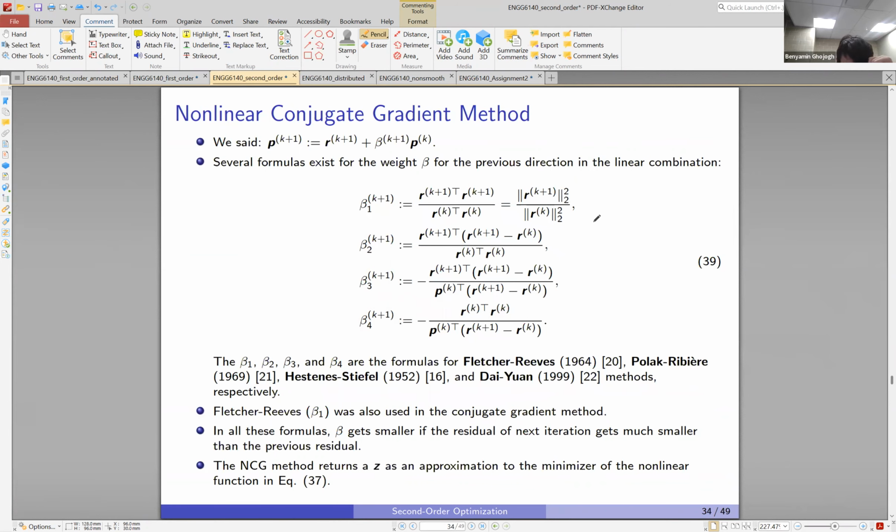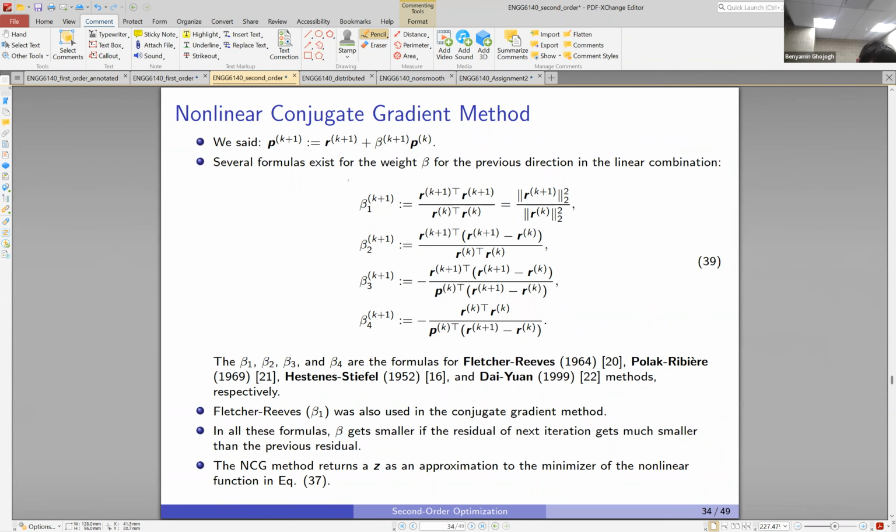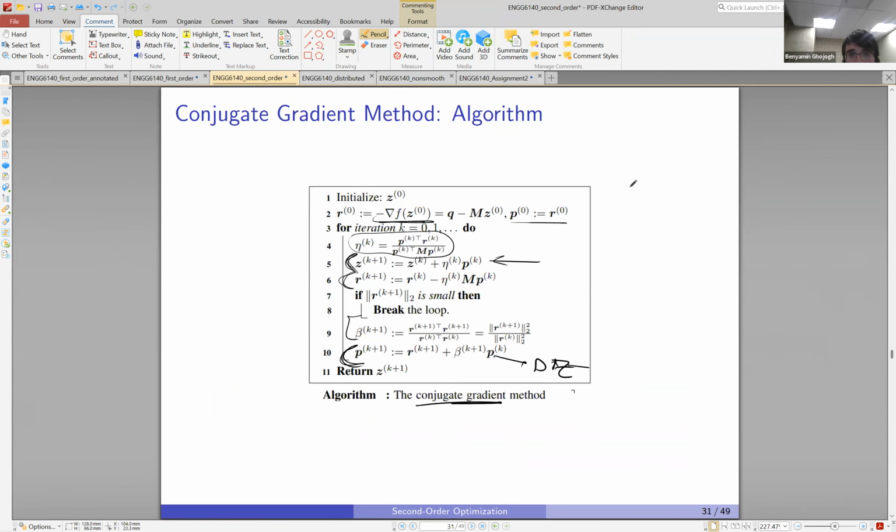But it's finding beta in other ways. We have several algorithms for finding beta. One of them is this, r_{k+1} transpose r_{k+1} over r_k transpose r_k, so we can write it in this way too. We saw it for the linear conjugate gradient method, so this is also used there. Recall here.